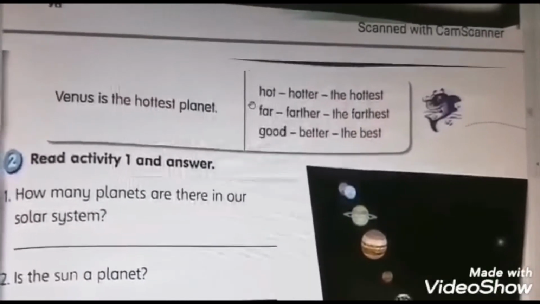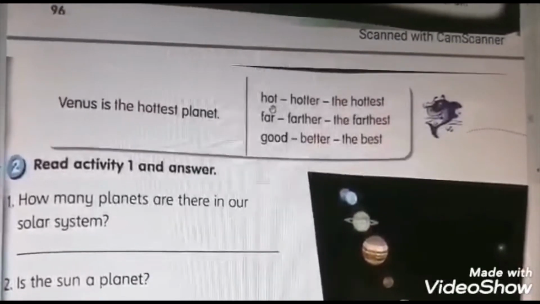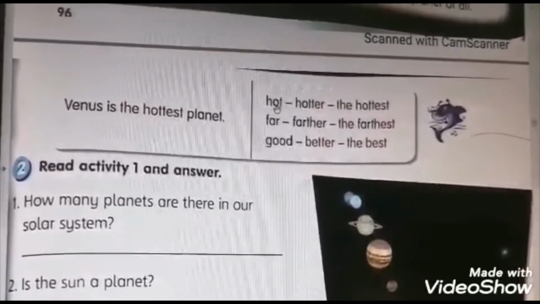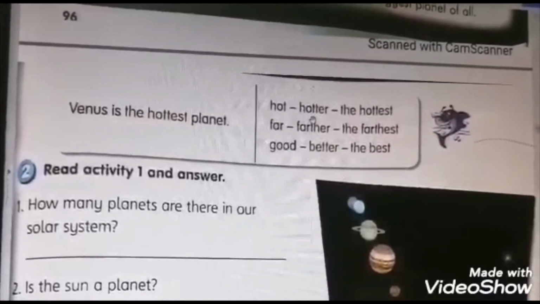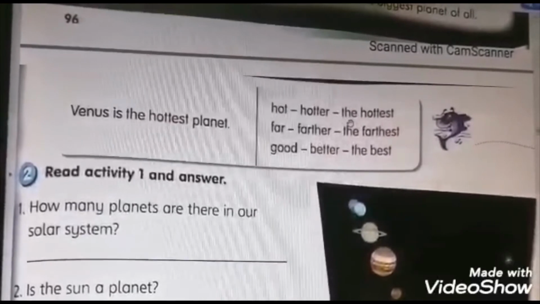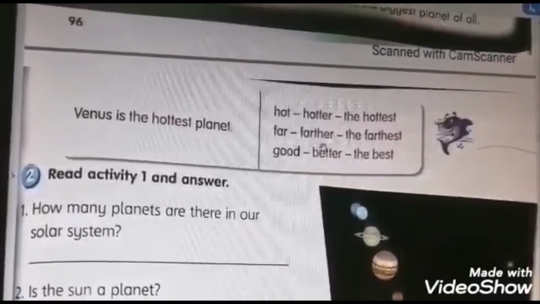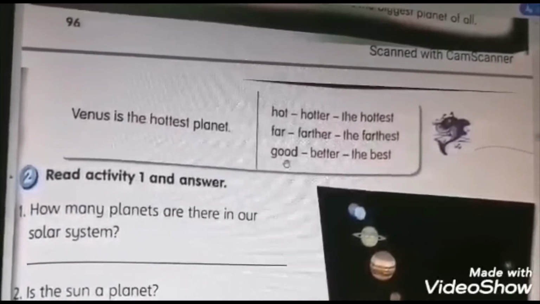So let's revise with me. How many adjectives can you find here? Yes, there are 3 adjectives at the top of this grammar box. Hot. How do you make the comparative? Yes, hotter. And then how do you make the superlative? The hottest. Far, farther, the farthest.